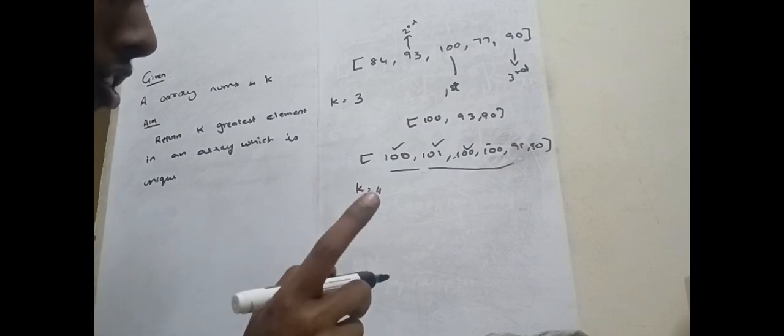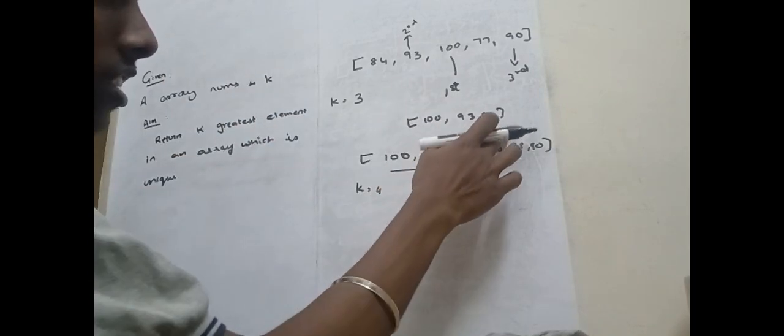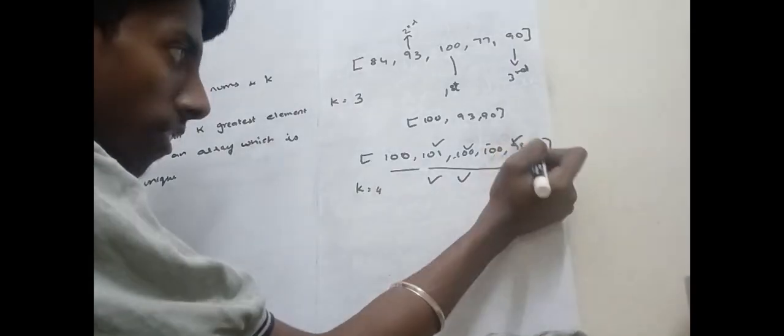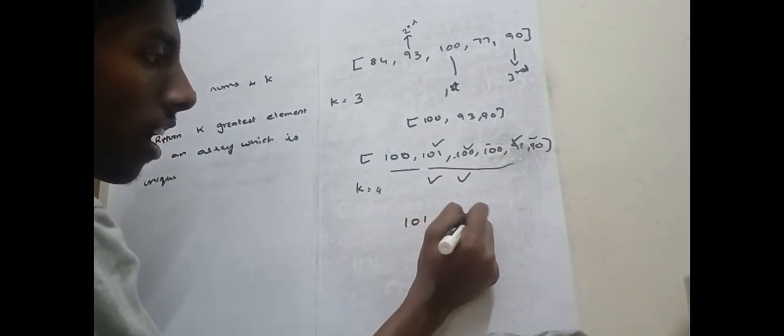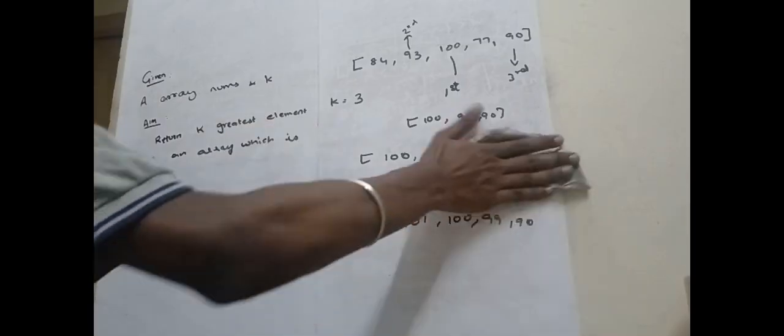But as I mentioned, all the elements must be unique. So we can't consider this, nor can we consider this. Only 101 and 100. And then we move on to the next greatest element, which is 99. And then 90. So the answer for this question would be 101, 100, 99 and 90. So the understanding is clear.